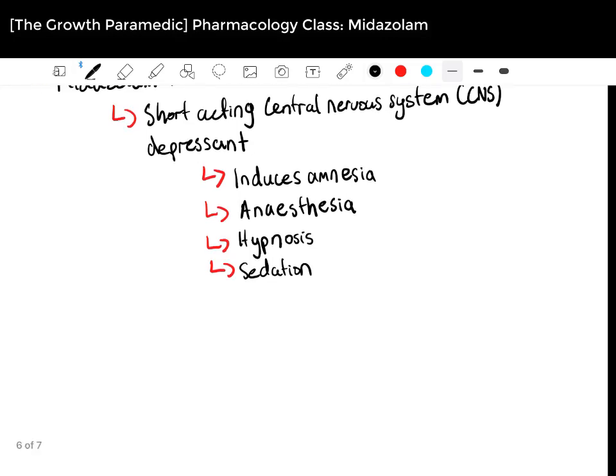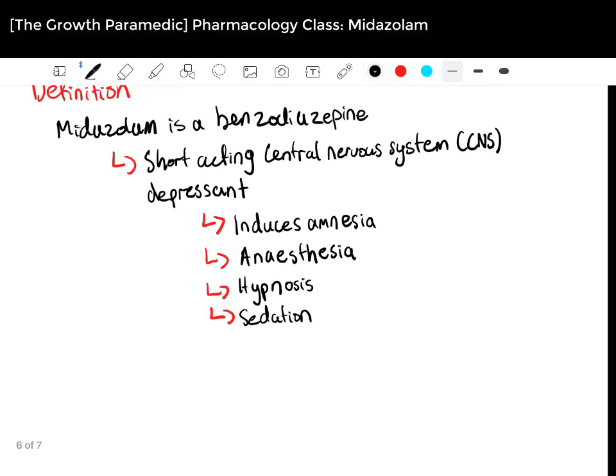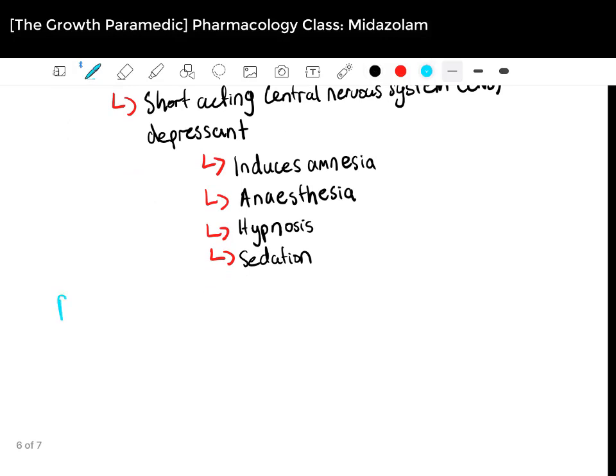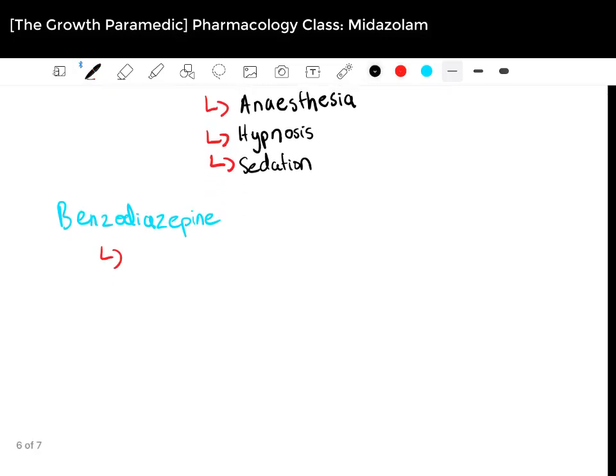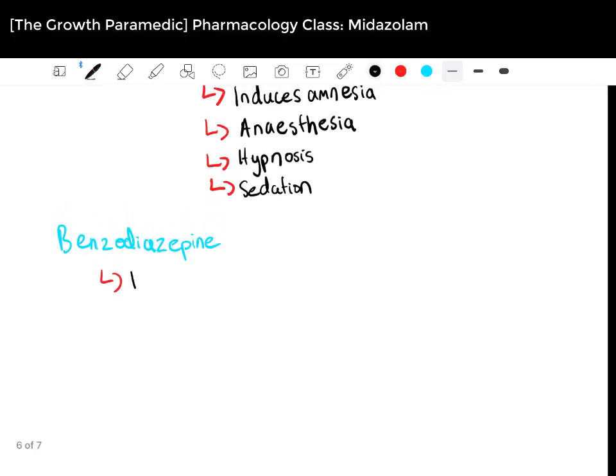And what's unique about this class of drug? So what's really unique about benzodiazepines in comparison to other medications that we use is that, and this is the key part that you should be aware of, it has a very rapid onset of effects.